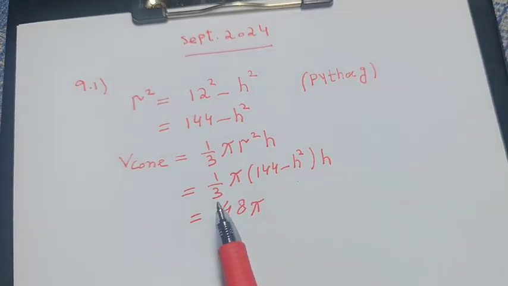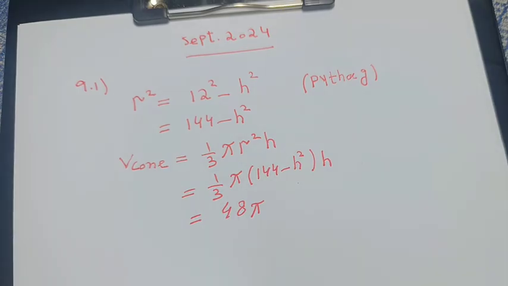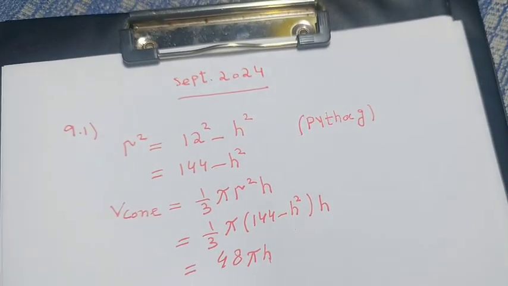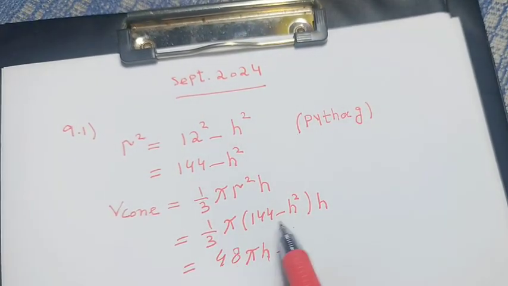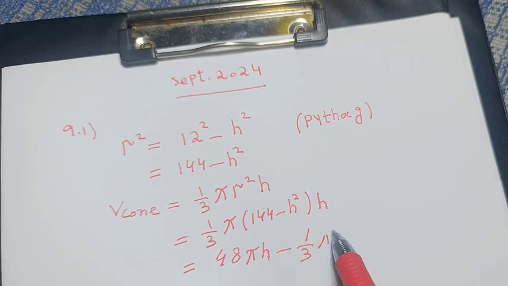So I'm going to use the calculator. 1 over 3 pi multiplied by 144 is going to be 48 pi. And obviously I have to multiply h also, so it's going to be h. And then minus 1 over 3, again I'm going to multiply, this becomes 1 over 3 pi h cube.